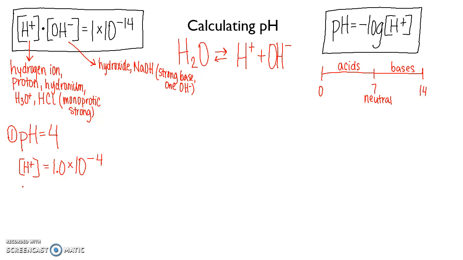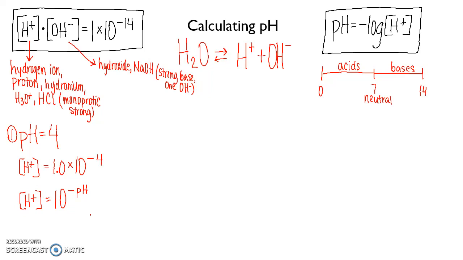So another way of rewriting the equation that's over here would be that the H+ concentration for anything is equal to 10 to the negative pH. That's another way of saying the same thing. In this case we had 4.